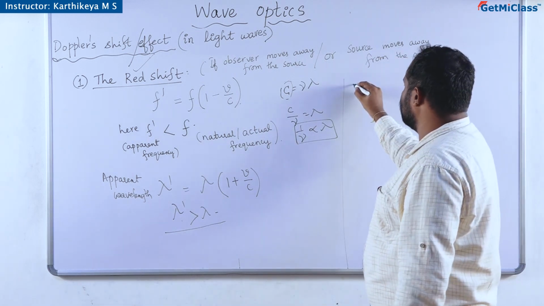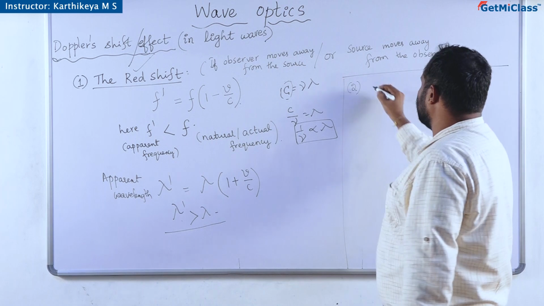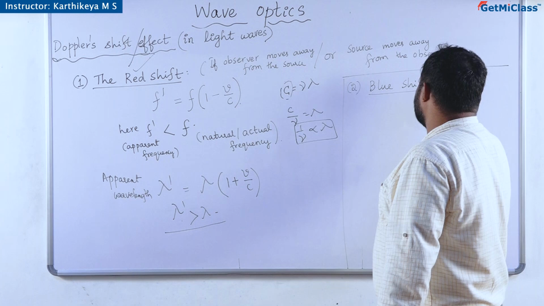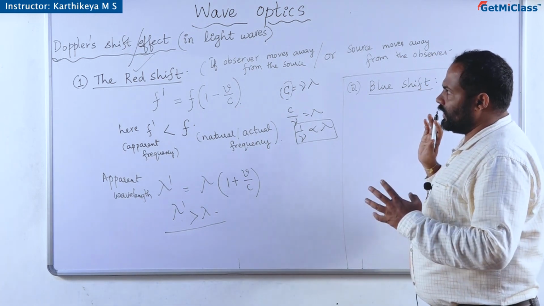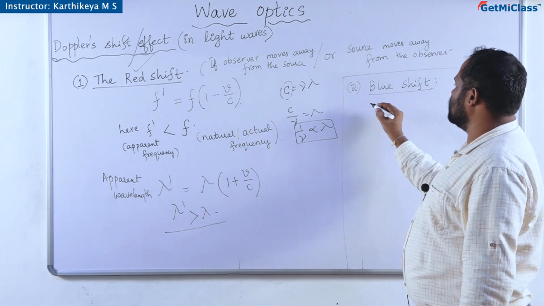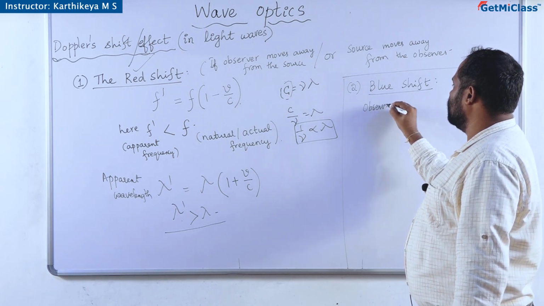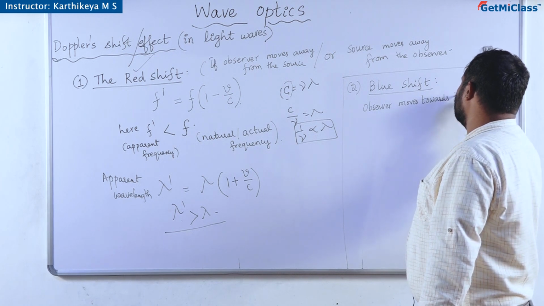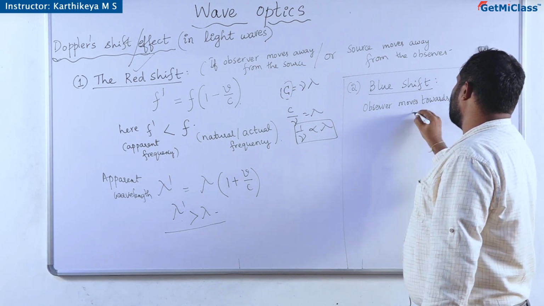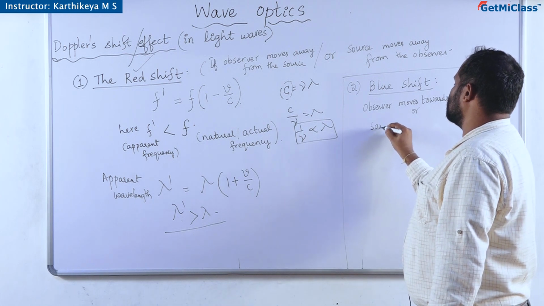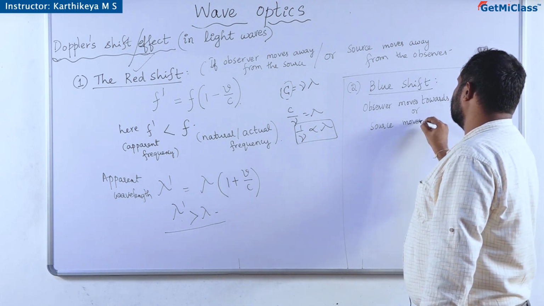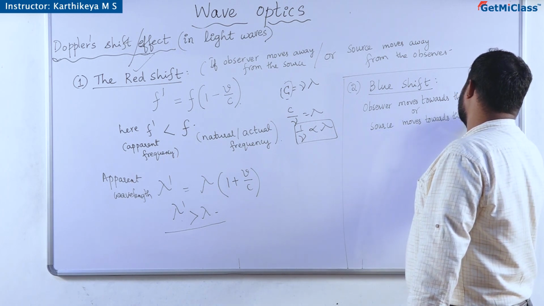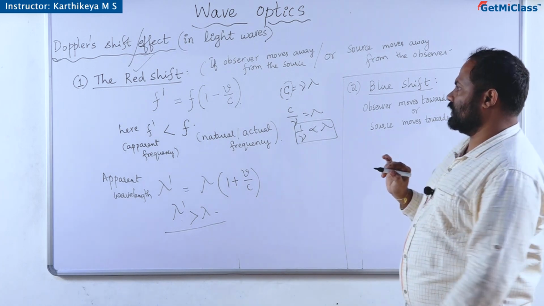Next, the second one is the blue shift. This takes place when the observer and source move towards each other, that is, the observer moves towards the source or the source moves towards the observer.